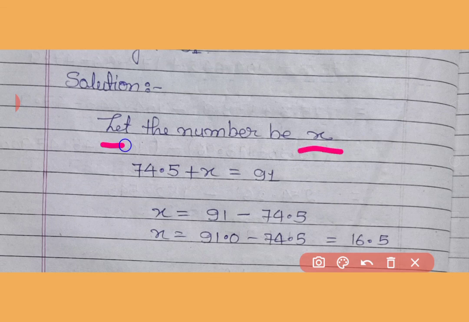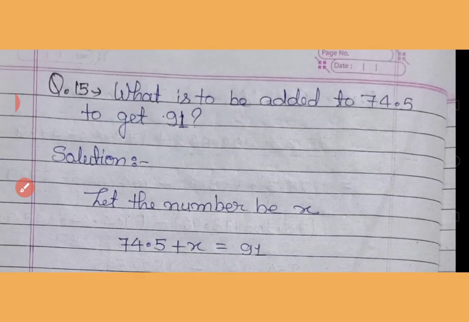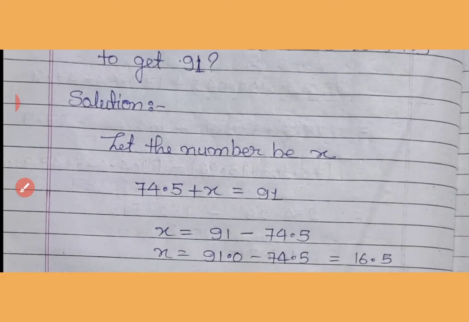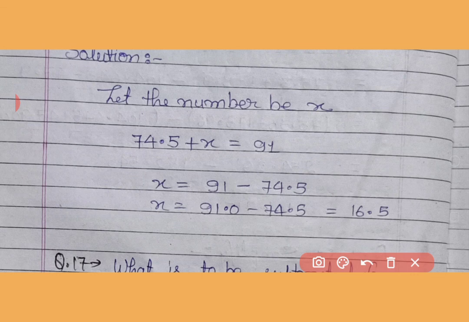So we will write a statement, let the number be x. So according to the question, 74.5 will add with a number and get the answer 91. 74.5 plus x is equal to 91. Meaning if x is added to this, it will become 91.